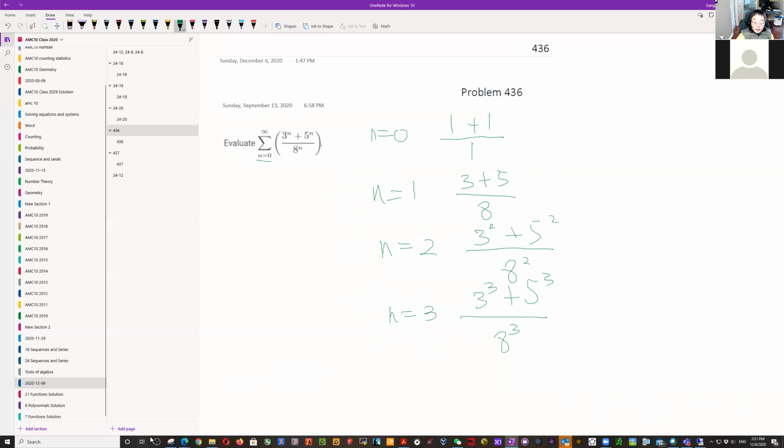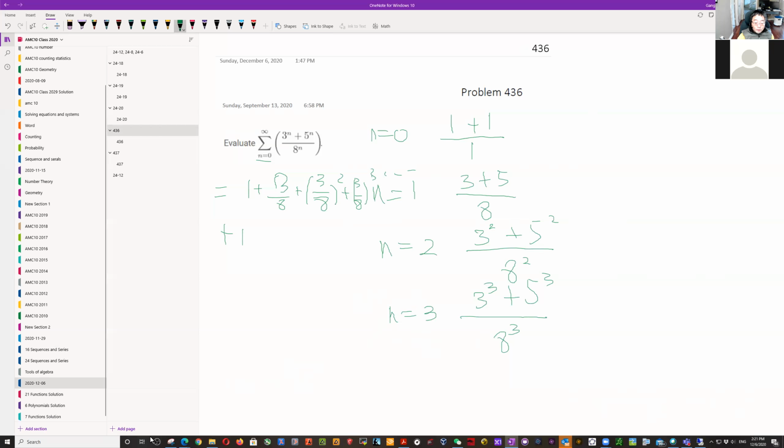But if we split them apart, then it will be equal to 1 plus 3 plus 3 square plus 3 cube, and this will go all the way to infinity.